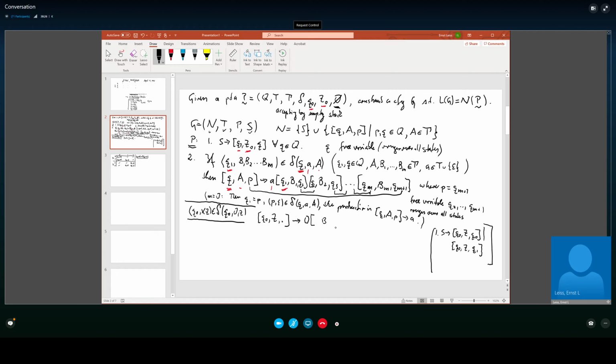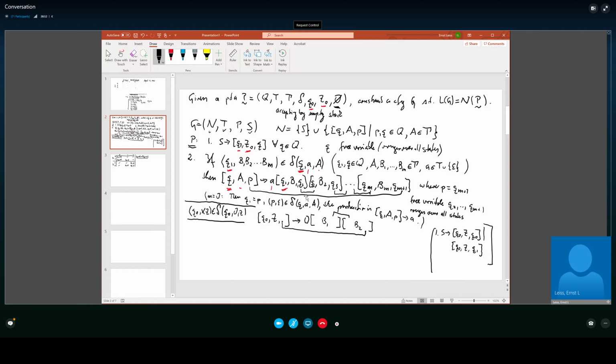So you can immediately do this, and leave those places open. So this is going to be that, and that is a free variable. And this is going to be that, and that is a free variable.